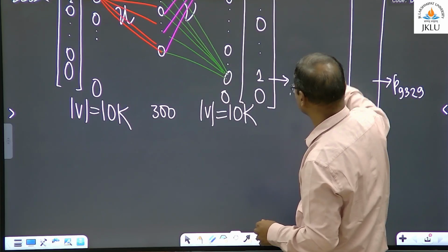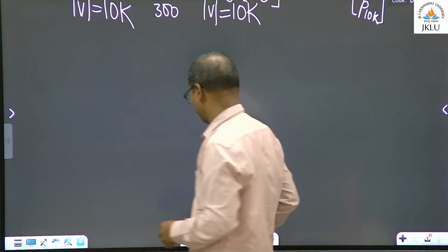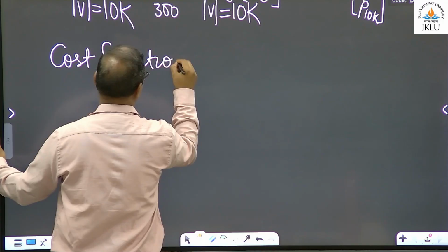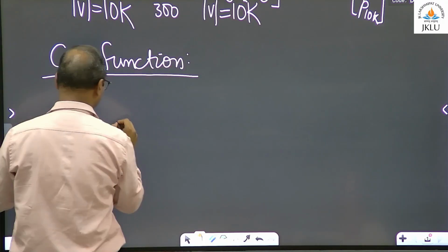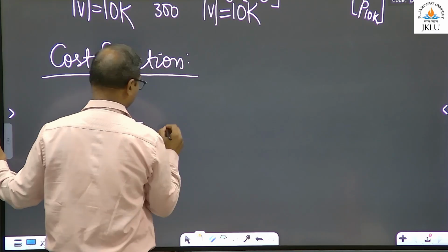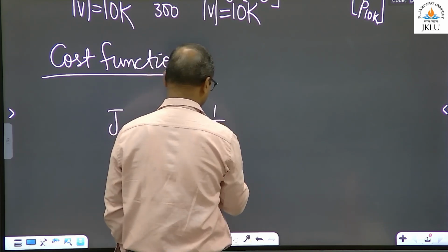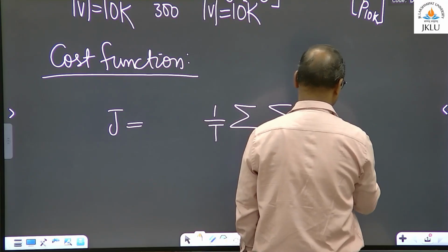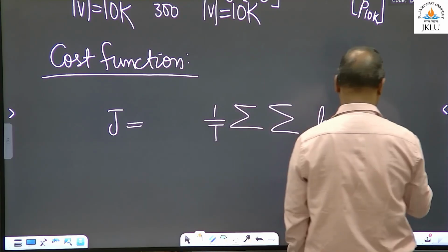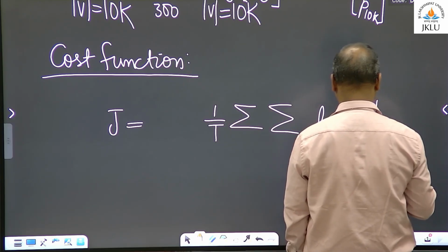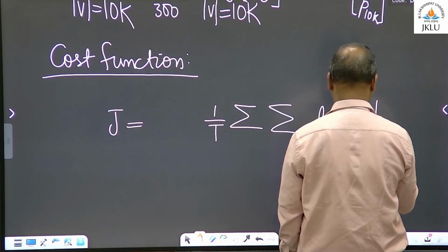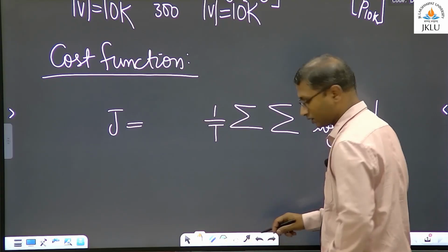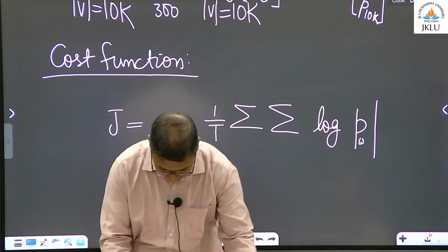Now we were talking about the cost function. So the cost function was 1 by T, summation, then log P of... Let me just follow the notation of the paper, I don't want to deviate from the paper today.